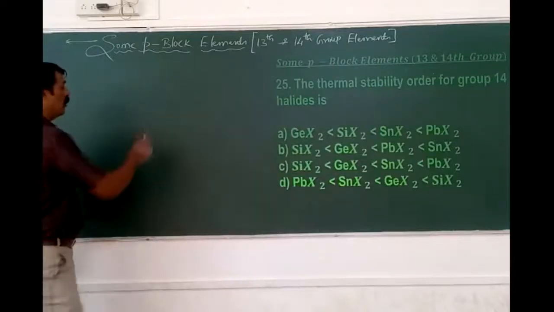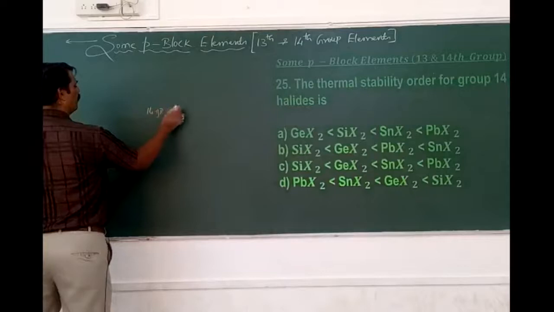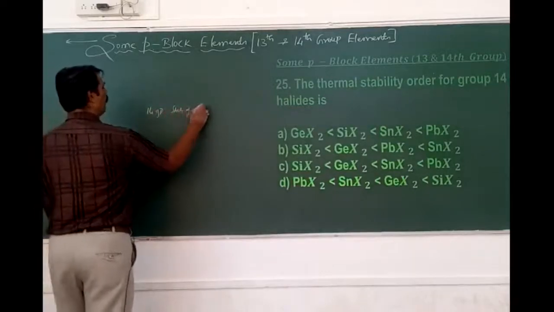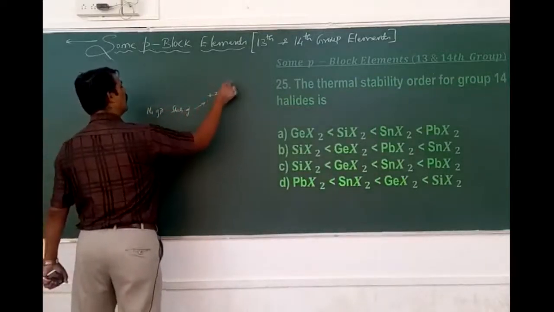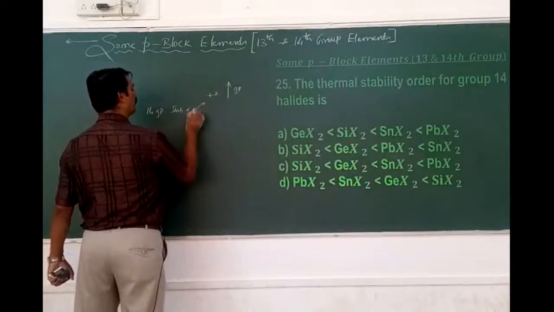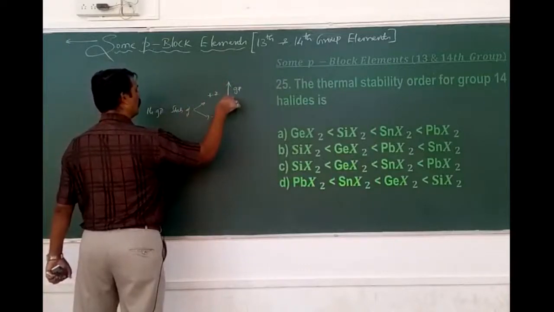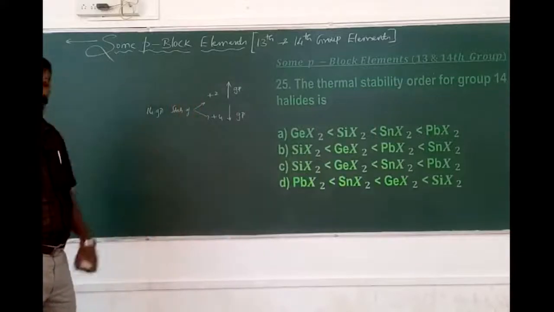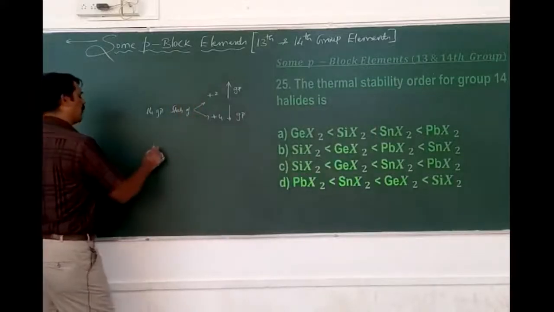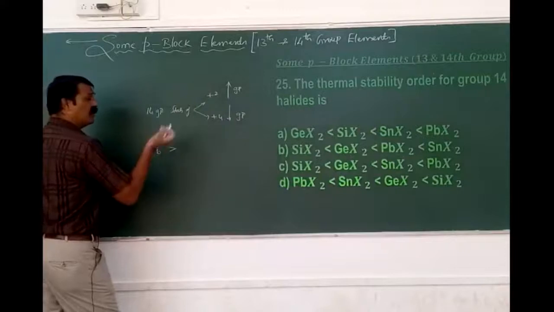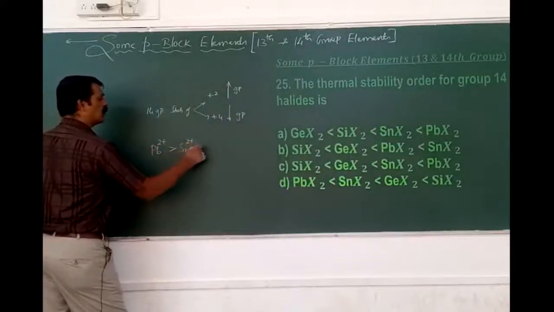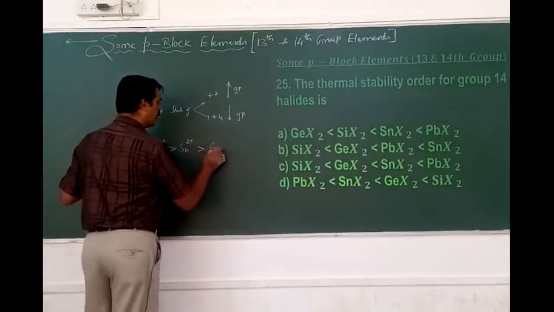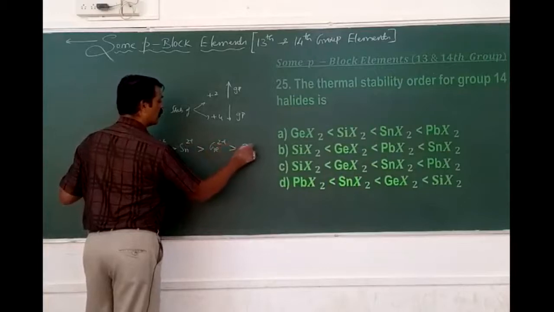We know that for the 14th group, the stability of +2 increases down a group, whereas +4 decreases down a group. So as it is in +2, the lead is always more stable first. Then the previous one is Sn2+, then germanium, followed by which one? The silicon. This is the stability.